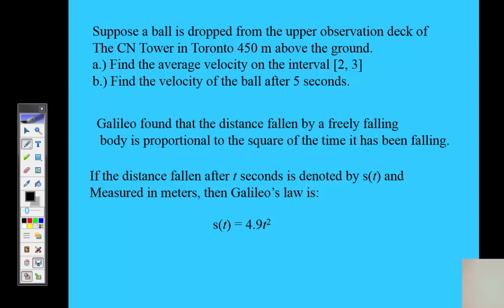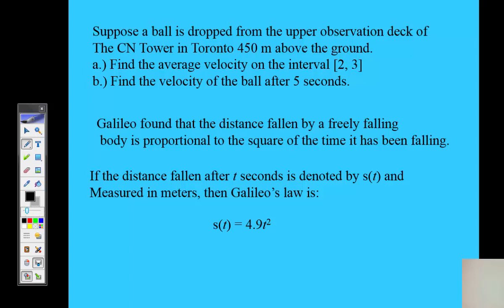Now let's just take a look at this s of t just for a moment. Now we said the s of t represents the distance it has fallen. So does this make sense? If we plug 0 in for t, 0 seconds, well, it has fallen a distance of 0 meters, which makes sense.